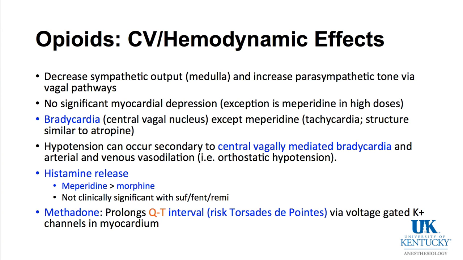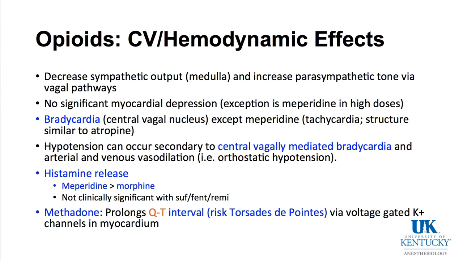Histamine release is commonly associated with meperidine worst and morphine some, but not clinically significant with our potent opioids sufentanil, fentanyl, and remifentanil. In fact, if you look at an IV where morphine is administered, occasionally as you go proximally up the arm, you can see a red vein, and that is where histamine has been released.